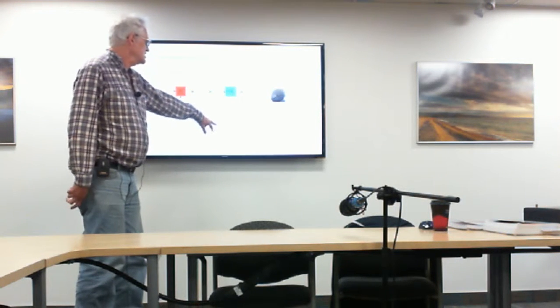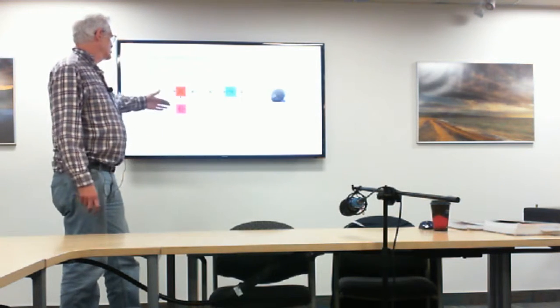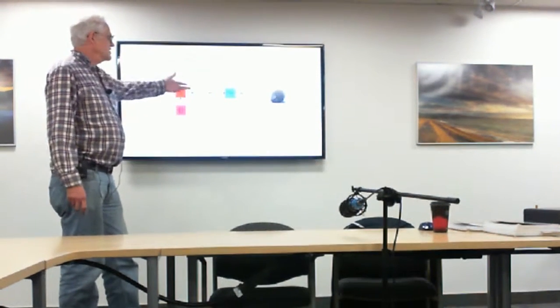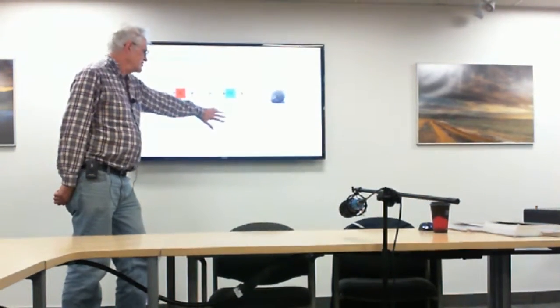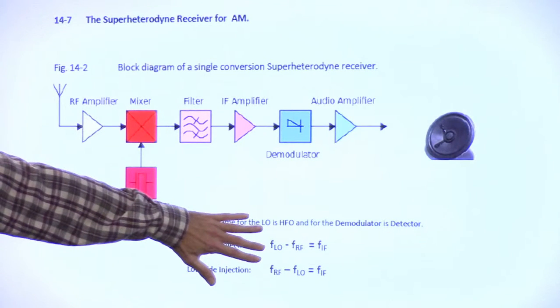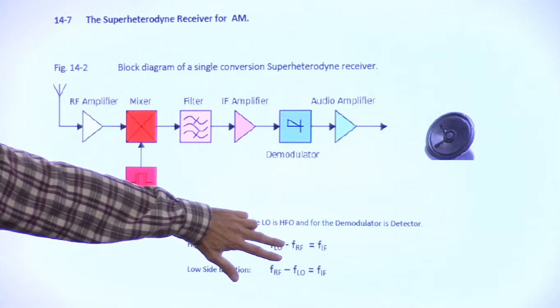All right. Two other terms you'll see referred to in radios. When they talk about high side injection, it means the local oscillator frequency is higher than our received frequency. So in our case, if we're using a 455 kilohertz IF with high side injection, the local oscillator frequency will be 455 kilohertz higher than our received frequency.